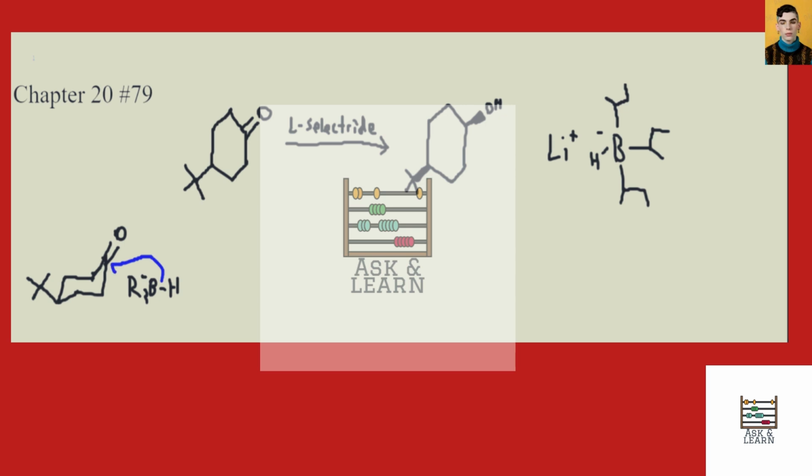So the less hindered face is going to end up delivering the hydride such that the resulting hydrogen is equatorial. And that's because there's a big tert-butyl group as well as the rest of the ring blocking axial approach.